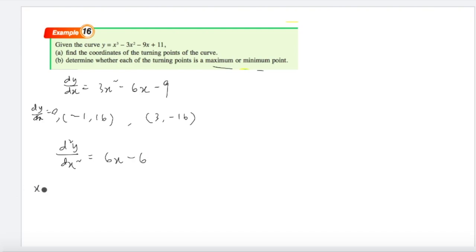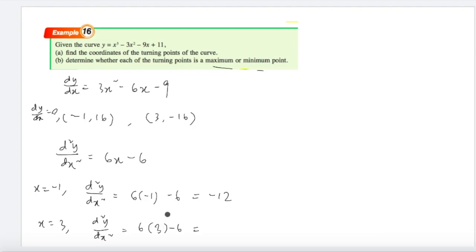Okay, second derivative, 3 times 2 is 6x, from here, minus 6. So now I substitute when x equals negative 1, d2y/dx2 equals 6 times negative 1 minus 6. You will get negative 6 minus 12, negative 12. When x equals 3, d2y/dx2 equals, use the second derivative, 6 times 3 minus 6.